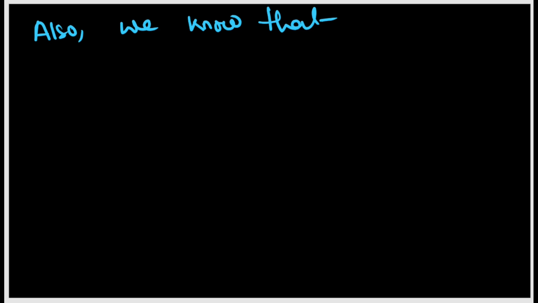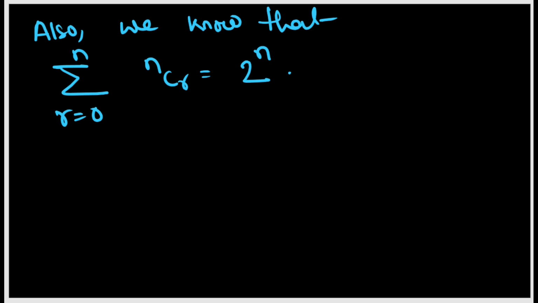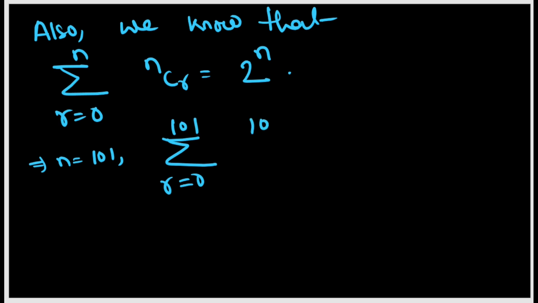Also we know that the summation over r equal to 0 to n of nCr is equal to 2 to the power n. Here we apply n equal to 101. The summation r equal to 0 to 101 of 101 Cr is equal to 2 to the power 101.